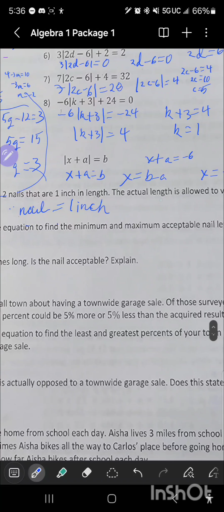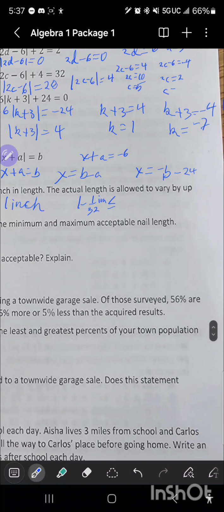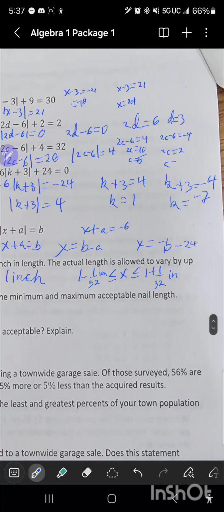So the length can be from 1 minus 1 over 32 inches, to 1 plus 1 over 32 inches, since it is allowed to vary that way.